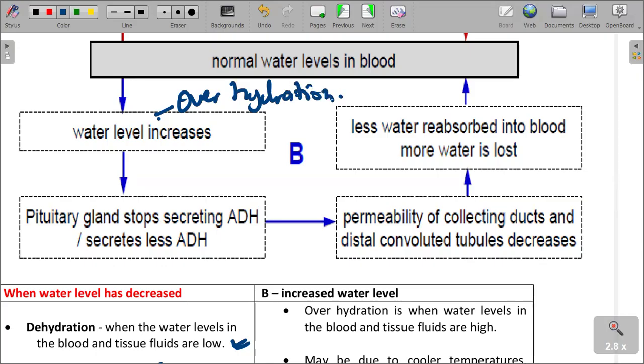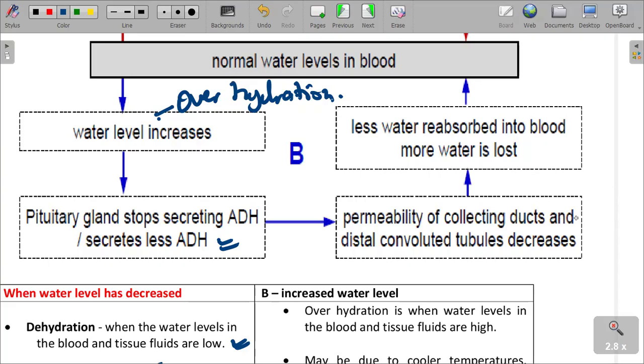Overhydration, when water level has increased above normal, so the pituitary gland stops secreting ADH or secretes less ADH. ADH, we are saying it's antidiuretic. So therefore, we are saying the availability of water is reduced. So permeability of the collecting duct and the distal convoluted tubules decreases.